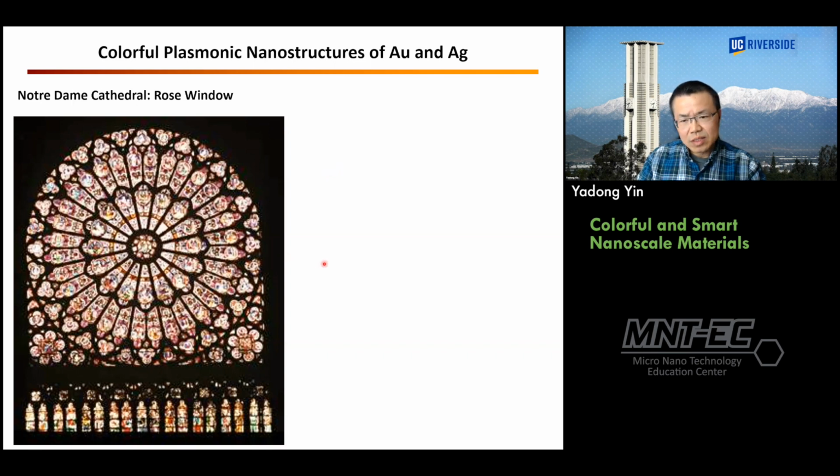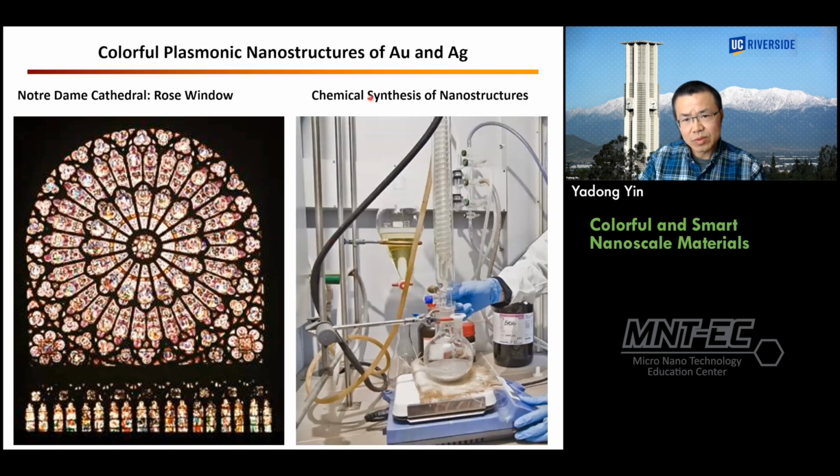So about 30 years ago, people started to look at these kinds of particles again and try to synthesize them in the chemistry lab. So why do we want to look at that again, and why do we want to make these structures in the chemistry lab again? The motivation certainly is because of their unique properties and their applications.